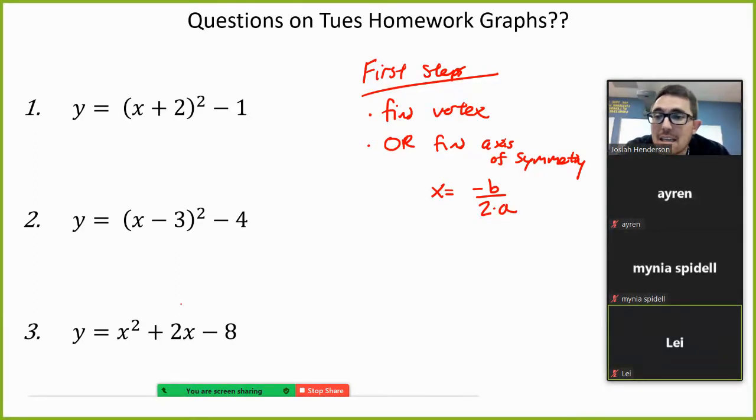And a, b, and c, the a and b, those are just the numbers, the coefficients in your standard form parabola. So we only worry about axis of symmetry if it's in standard form. If it's in the first two forms, remember number 1 and number 2, those are in vertex form. So it's basically telling us the vertex right away. So those are our first steps, is find the vertex or find the axis of symmetry. After that, down below, my next step would be we need to plug in some x values.